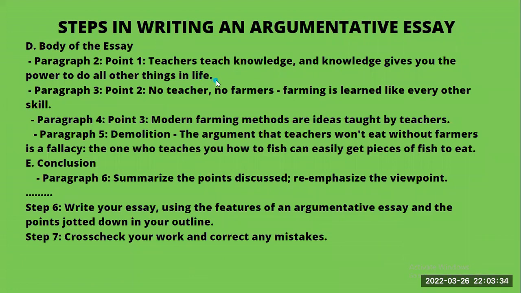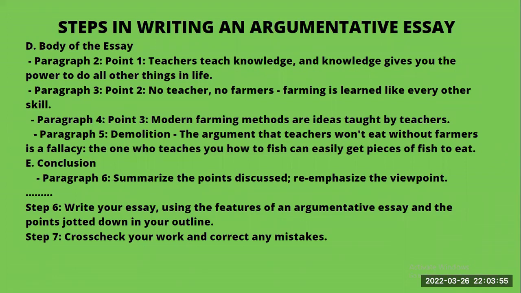So you are saying that everything you do in life, including farming, needs to be learned, and the person who is going to teach you how to farm is called a teacher, all right? So to that extent, you are arguing that teachers are better than farmers, all right?